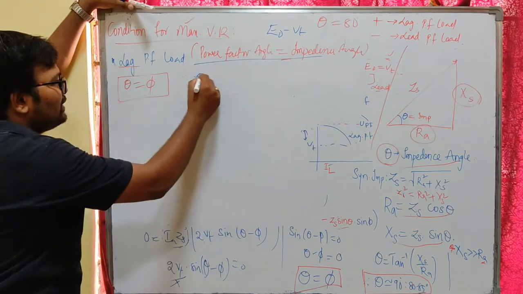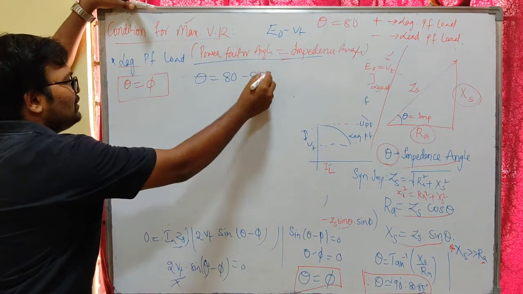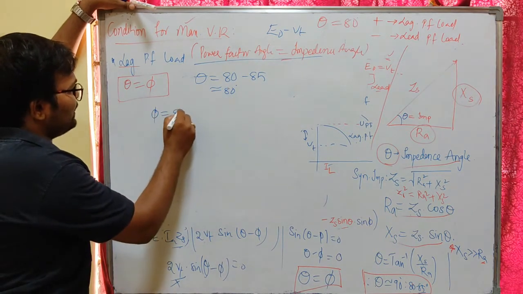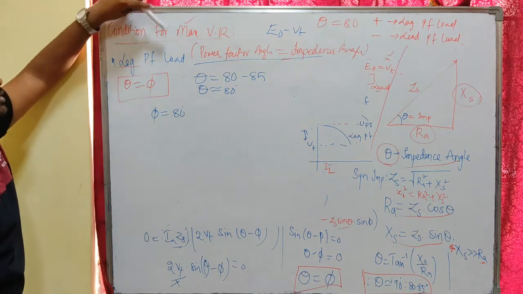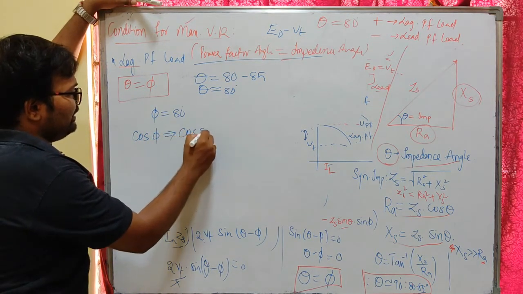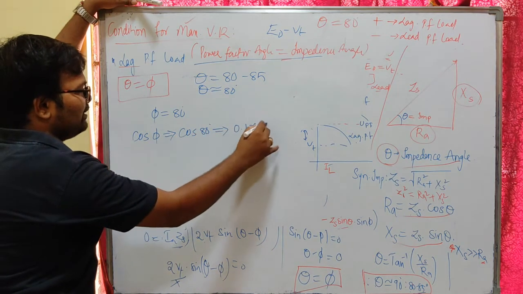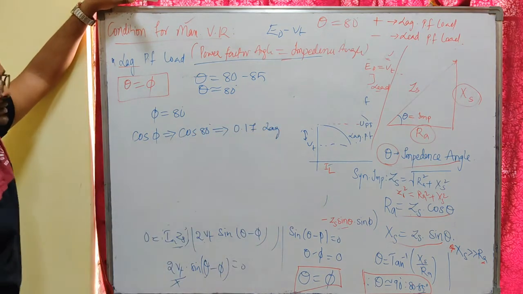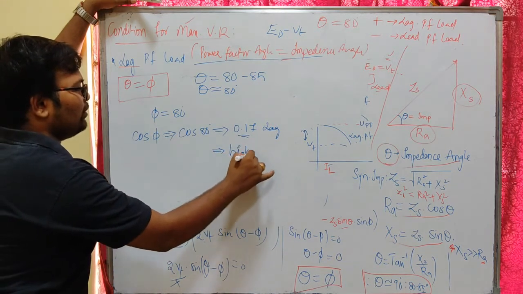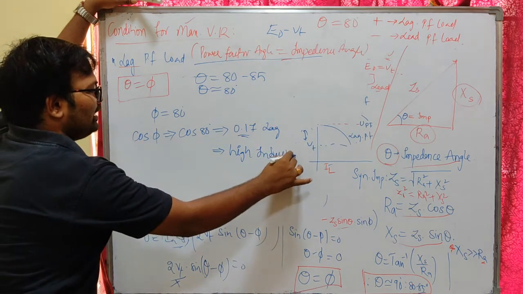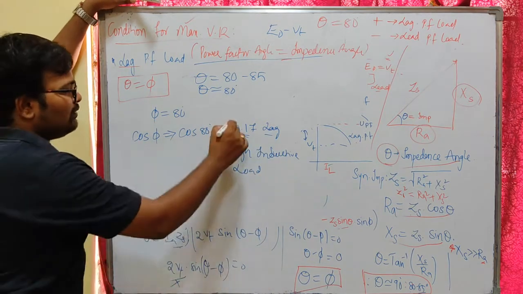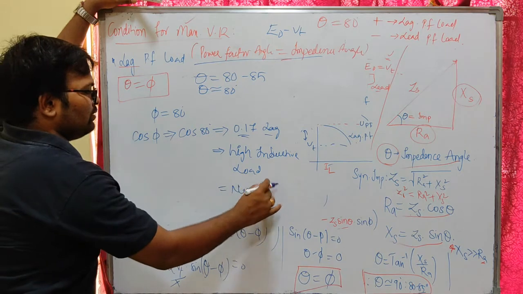I have already told you theta is from 80 to 85 degrees; let us consider it as 80 degrees. So phi should be equal to 80 degrees, as theta equals 80 degrees, for maximum voltage regulation. What is the power factor here? Cos phi equals cos of 80 degrees, so its value is 0.17, lagging. That is possible when a highly inductive load is applied on the generator. 0.17 lag means very highly inductive, nearly zero power factor lagging.